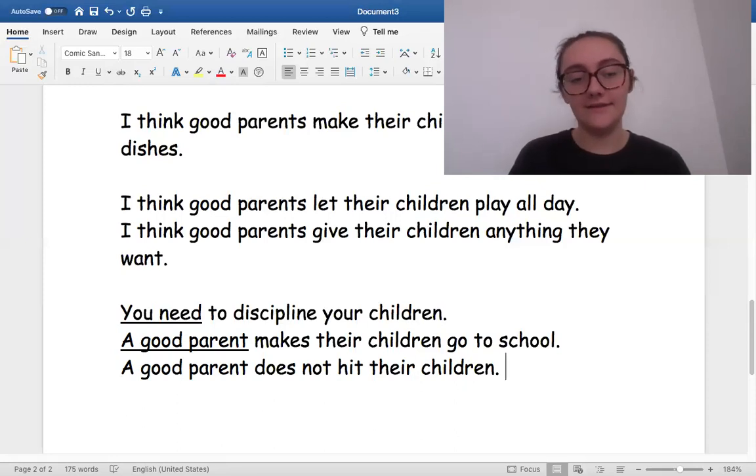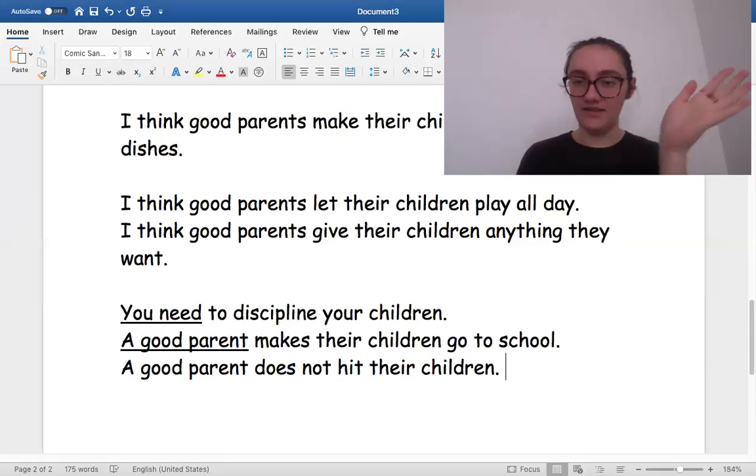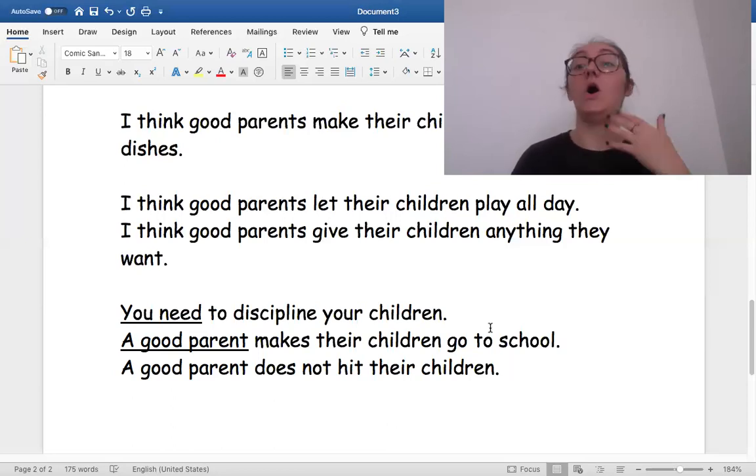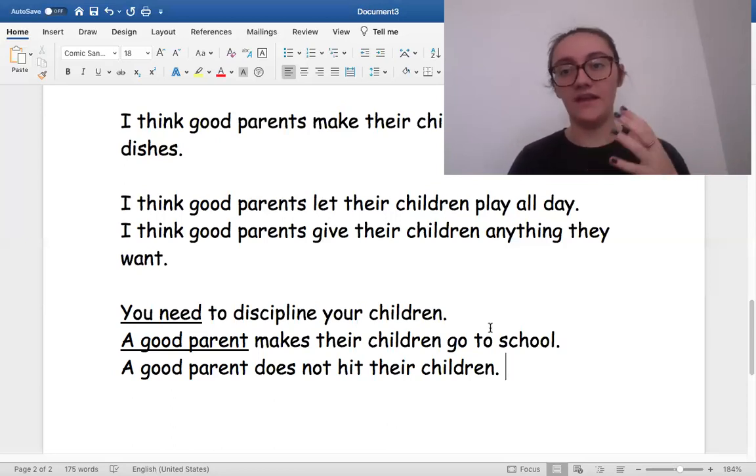Now, I'm not saying this doesn't happen in the US, this happens in America all the time. I got spanked as a kid, where they hit me on the bum. And some people don't consider that hitting kids, but some people do. And sometimes people get their kids taken away from them because they hit them. So in the United States, and lots of other countries too, there are laws that protect children from being physically hit, from being hurt.